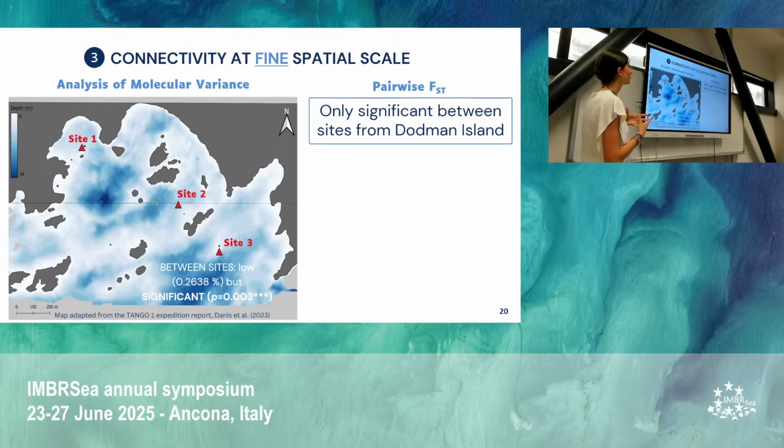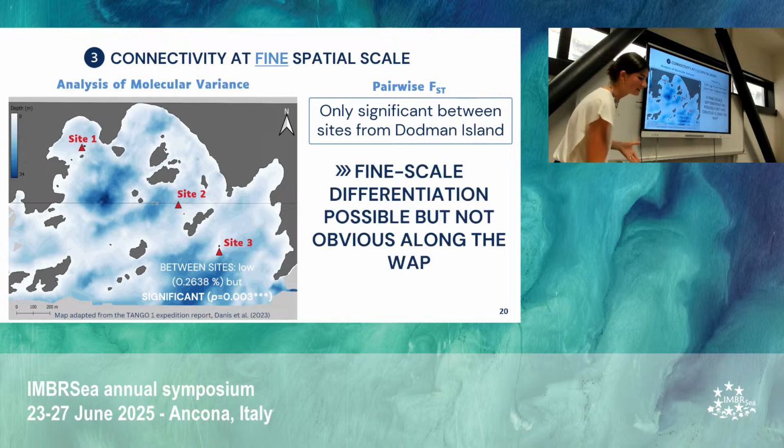However, when we looked at our pairwise FST values, they were only significant between sites from one location, so the sites within other locations were not differentiated from each other. So this was a bit contradictory.